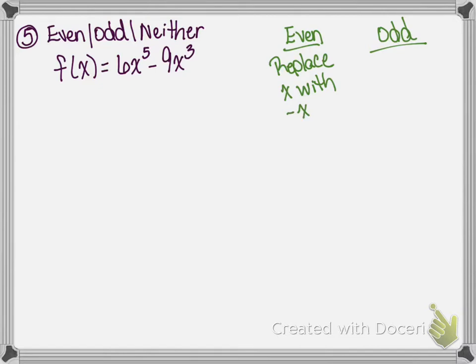If something is odd, we test to see if it's symmetrical to the origin, so we replace x with negative x and y with negative y. Now, the function that we are using on this is 6x to the 5th minus 9x to the 3rd.